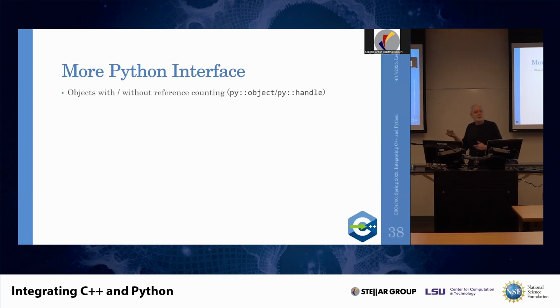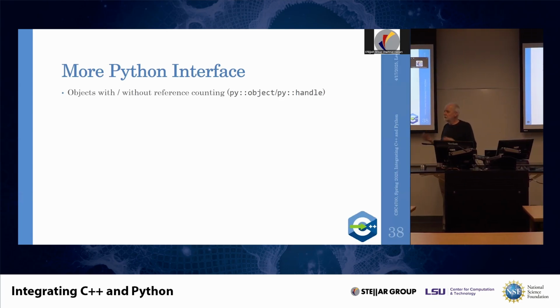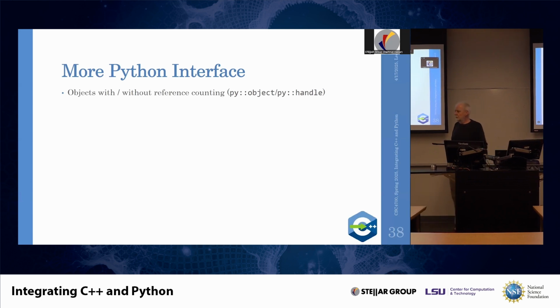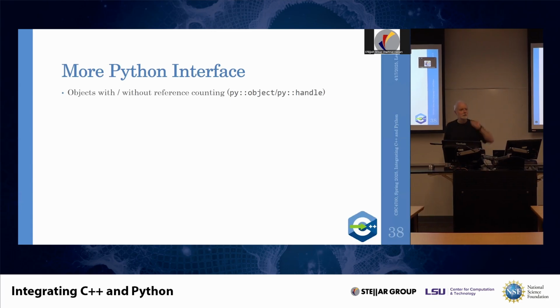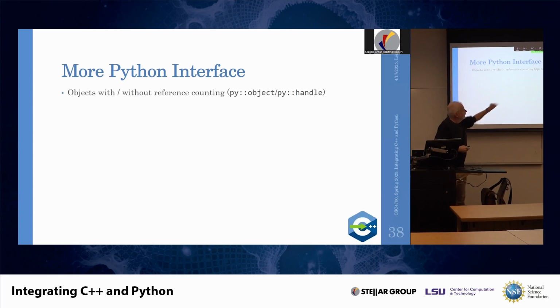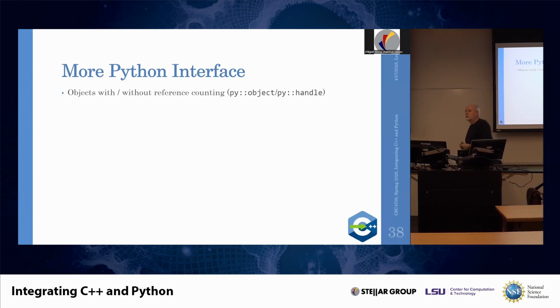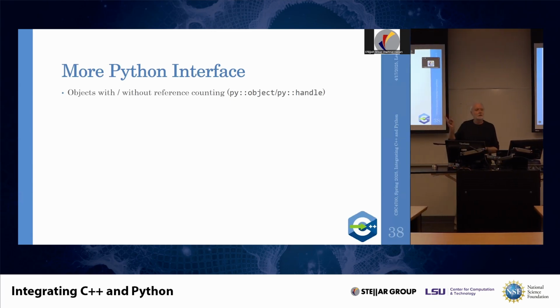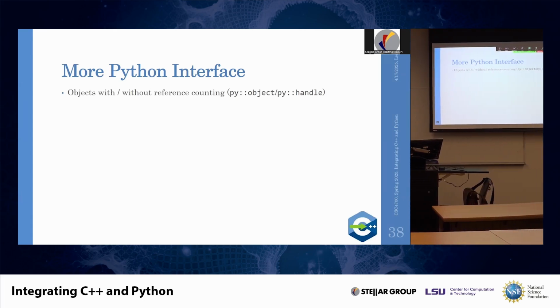I talked about reference counting. I said, okay, Python objects need to be reference counted. But you as seasoned C++ programmers will immediately say, oh, reference counting, cool, constructors, destructors. So what py object does, I believe, is when you construct a py object from a pointer, it will, in the constructor, call the addref, and in its destructor will call the decrement reference count.